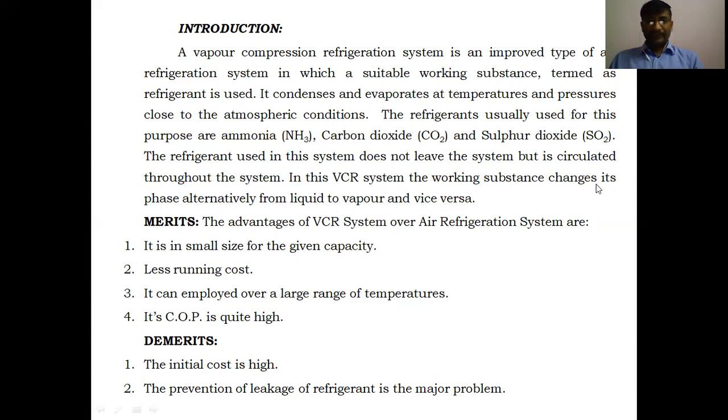Therefore, this system is also called a phase change system, or this cycle is called a phase change cycle. Whenever the working fluid changes its phase, it absorbs the latent heat along with the sensible heat. In the air refrigeration system, air only absorbs the sensible heat because the air is always in the gaseous state.